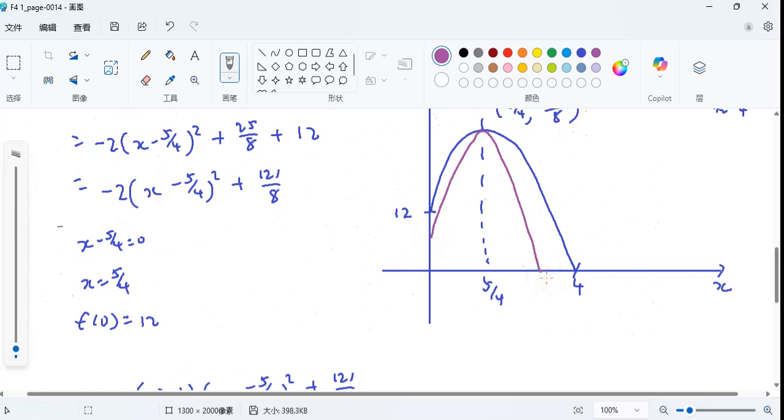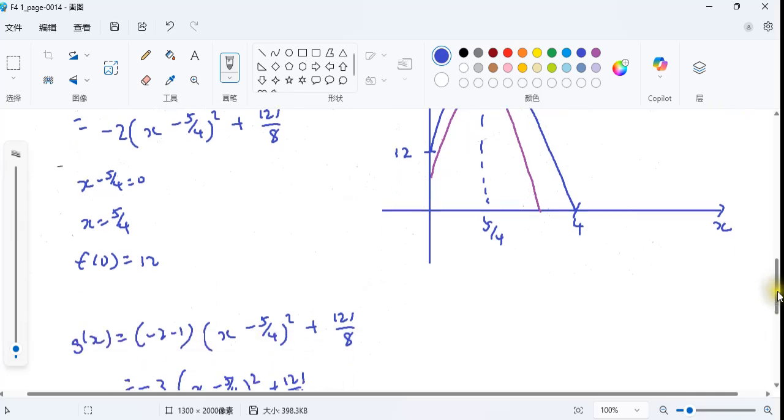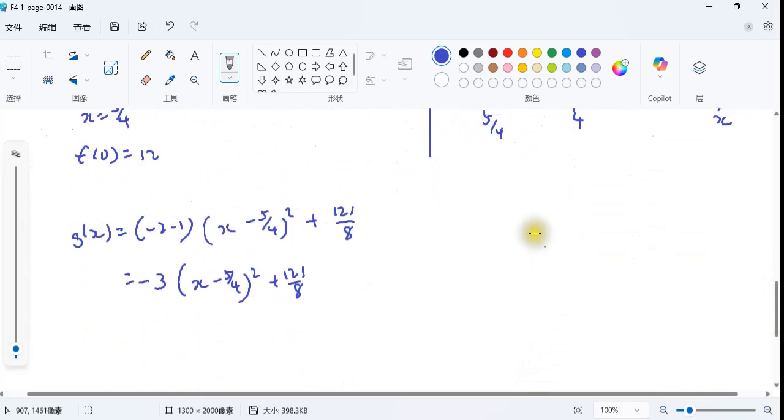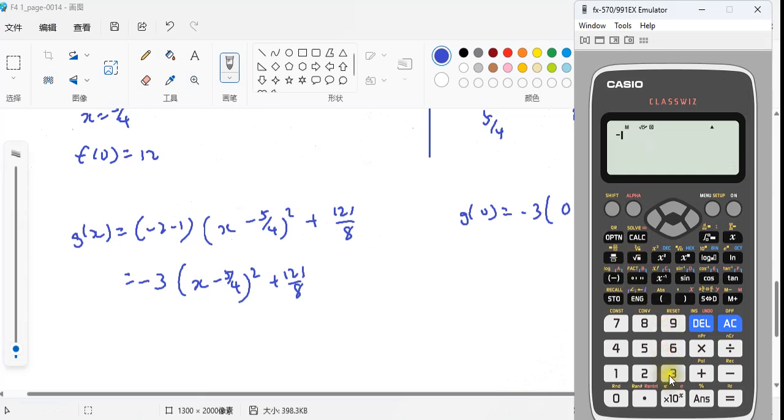Should be somewhere like this. Okay, so g of 0 is negative 3 times (0 minus 5 over 4) squared plus 12 and 1 over 8. So we have negative 3 times (x minus 5 over 4) squared plus 12 and 1 over 8.